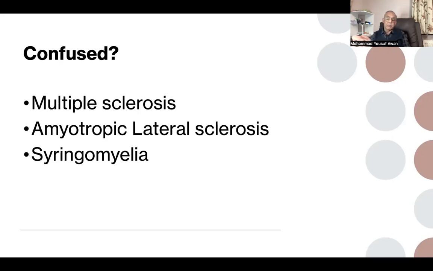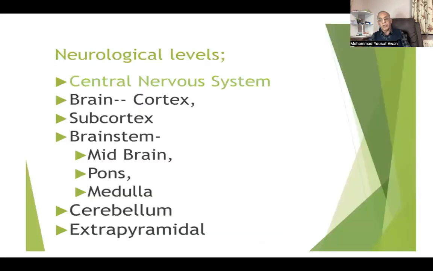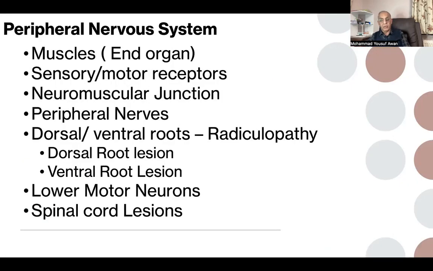These are mostly movement disorders. Movement disorders you can diagnose only by clinical examination. Usually the imaging studies will not be very helpful. So remember, there is no shortcut to clinical examination in neurology. With a good neurological examination, you should be able to localize the lesion in more than 80% of patients.